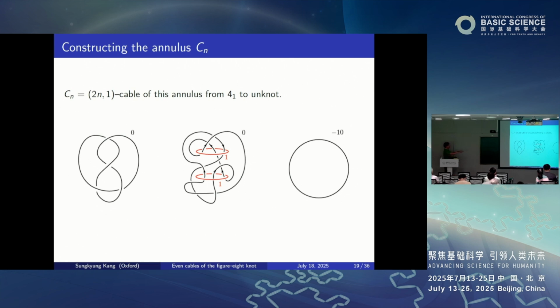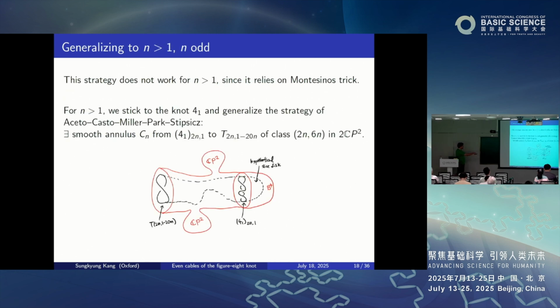Now if you add a -1 full twist here and there, it becomes an unknot, with the caveat that your framing changes. You start with a Seifert framing, then you end up with a -10 framing. But anyway, by taking the (2n, 1) cable of this concordance, you get this surface Cn.